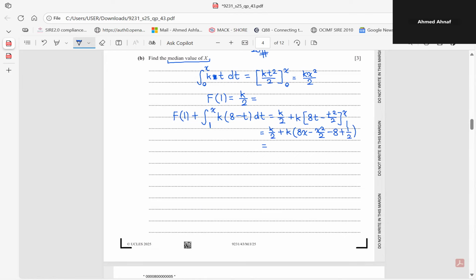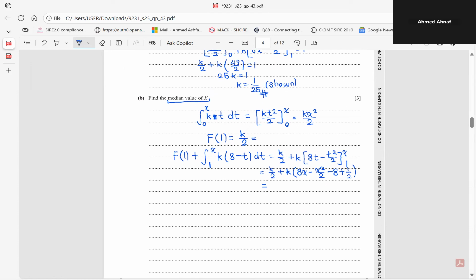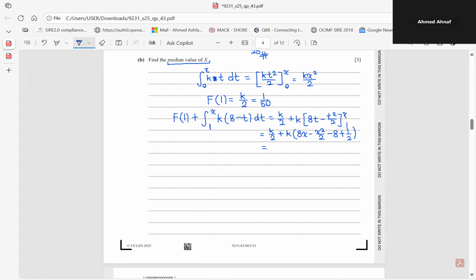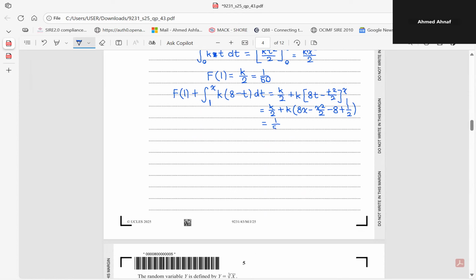Oh, shoot, I forgot, k is 1 over 25. So k over 2 is just 1 over 50. So 1 over 50 plus 1 over 25 times (8x minus x squared over 2 minus 8 plus half), which gives minus 15 over 2. Let's simplify this straight away.